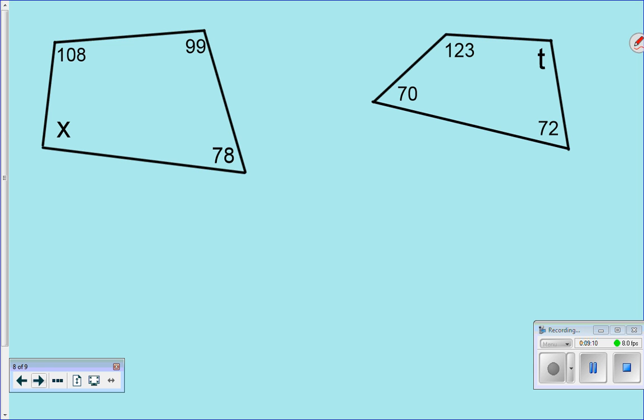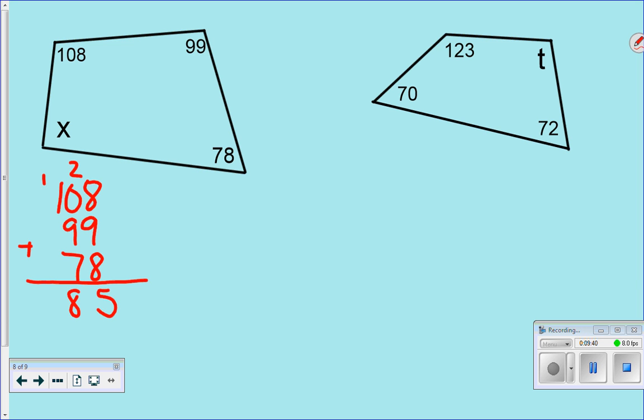I don't know how you do it, if you want to add all three, or add two and then a third one, whatever is easiest for you. When I added all three of mine together, I got 285.